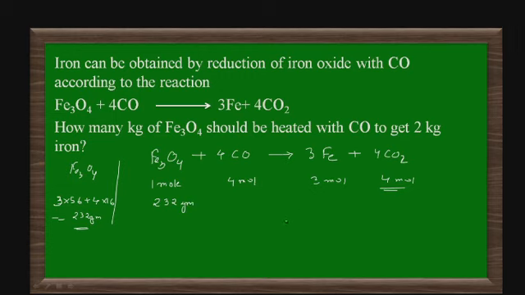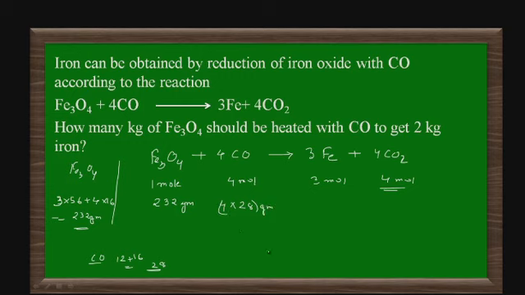Now the molar mass of carbon monoxide: for carbon 12, for oxygen 16, it is 28. Now in this case there are 4 mole of carbon monoxide, so 4 into 28 gram.